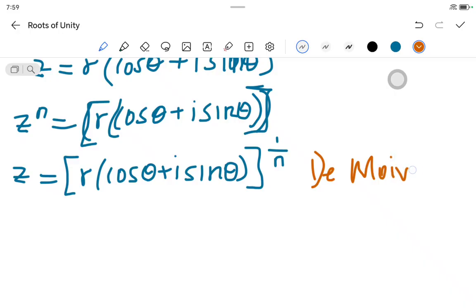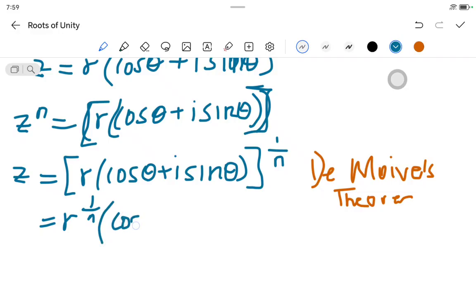All this is coming from SMTA012. The Moivre theorem says that when I apply it, I put the 1 over n there, then I have the cos. The 1 over n will come here and multiply. So this will have cos of theta over n plus i sine of theta over n.